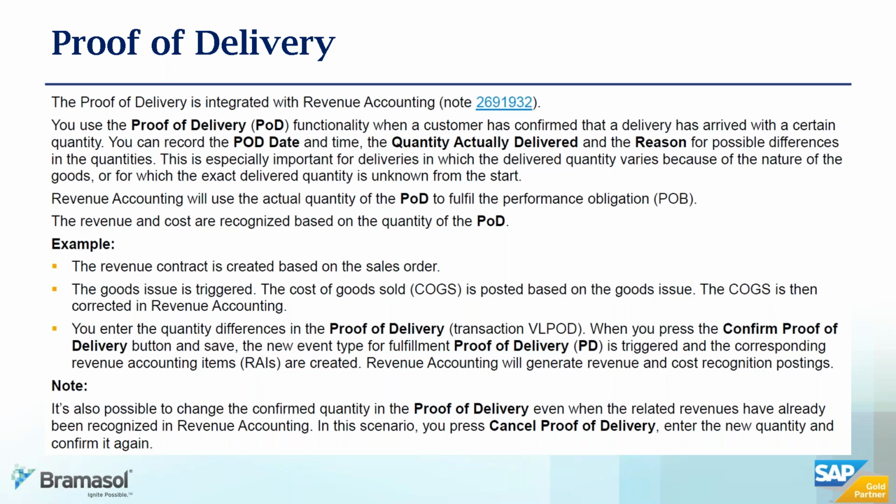Here you see that this is a specific transaction in SD. It's called VLPOD. And by doing so, you can now integrate that kind of process in revenue accounting. And you might remember revenue accounting always reverses any kind of FI posting from the sender component, like goods issue, which is triggering already the FI posting for cost of goods sold.